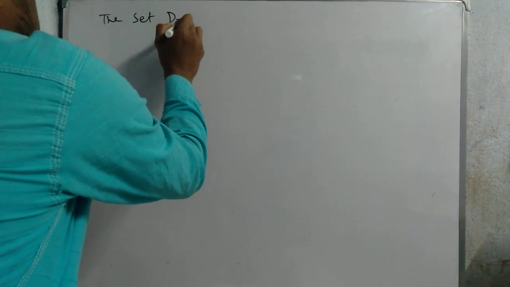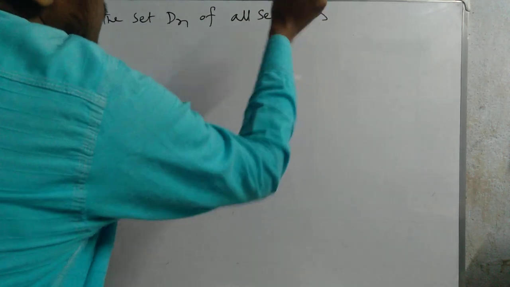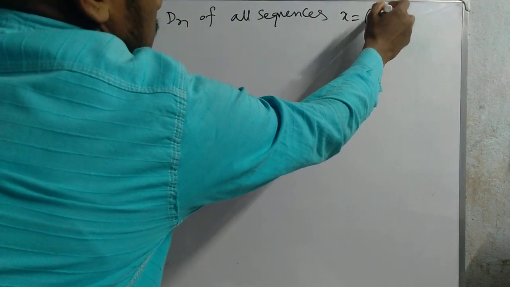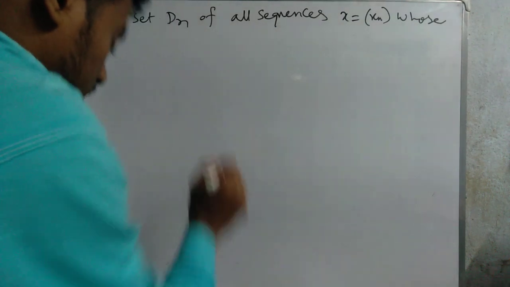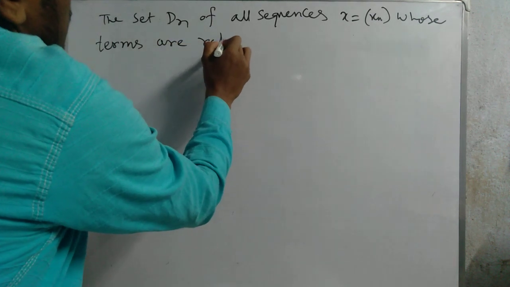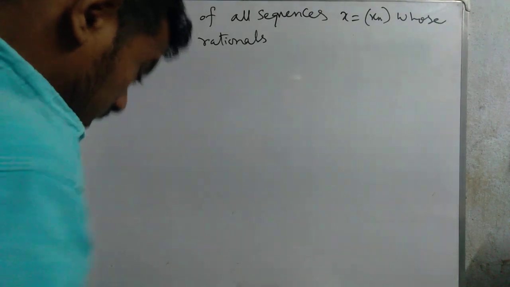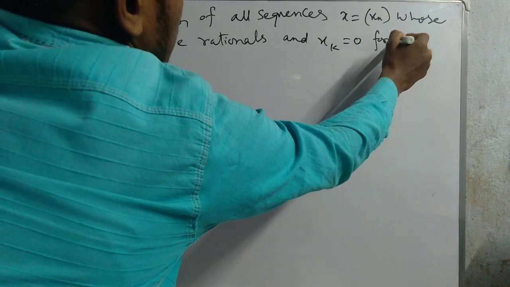The set Dn of all sequences x equal to (xn) whose terms are rational, and xk equal to 0 for k greater than n.